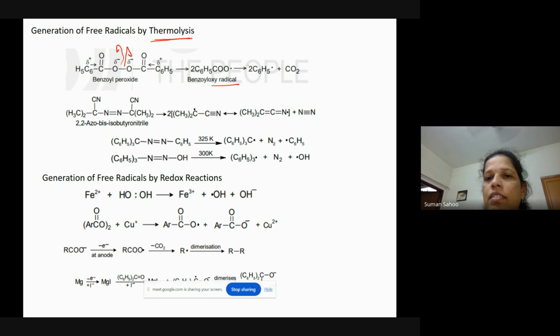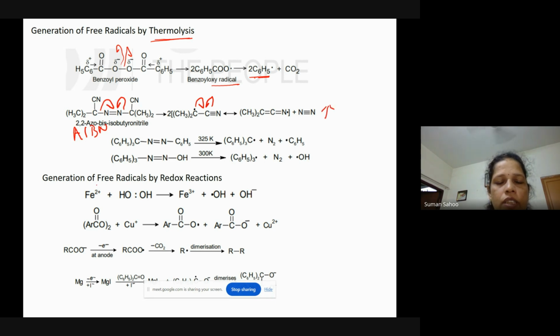Again, bond cleavage occurs to give you a phenyl radical and carbon dioxide molecule. This AIBN, 2,2-azobisisobutyronitrile, is another initiator. When that also cleaves, this bond breaks to give you two radicals, which are resonance stabilized, and nitrogen gas is released.